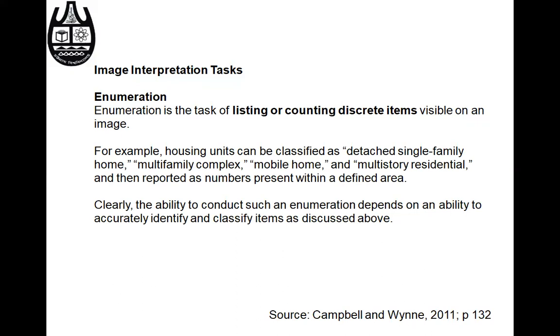So the image interpretation task also allows you to know how many objects, or what type of objects, are present in there. Now you have your numbers in hand, and then you can take decisions about which one you should focus on. For example, maybe you want to work with some of the houses.